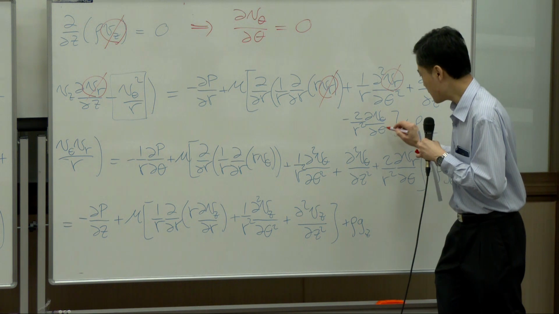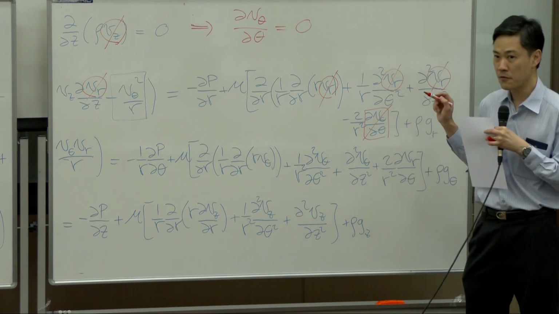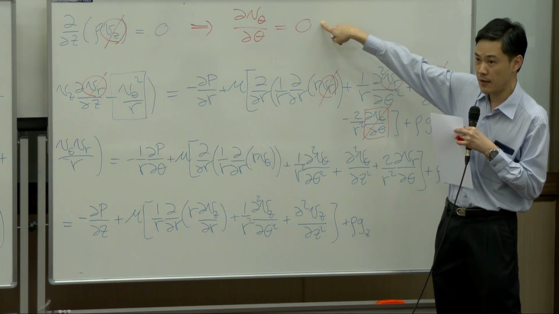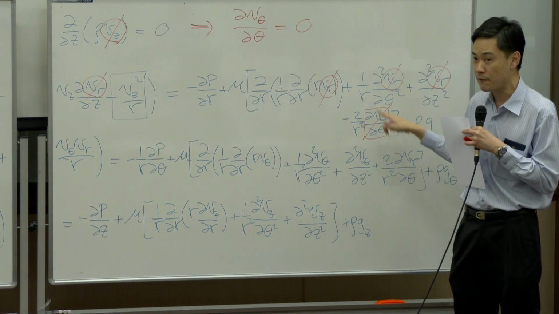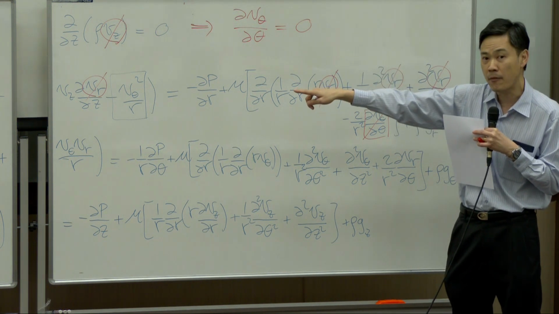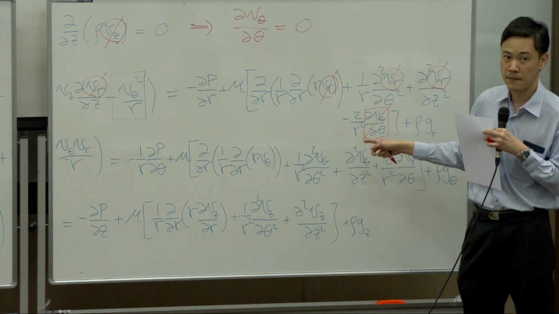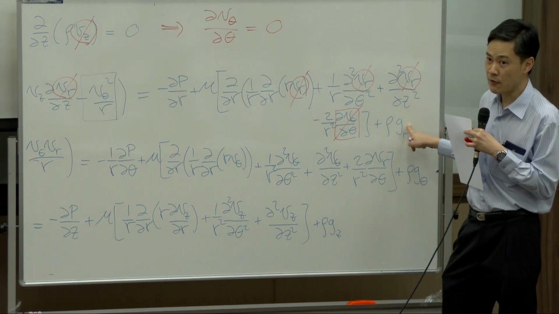The whole term, dV theta by d theta here, it is 0 according to what we found earlier from the equation of continuity. Or you can say that V theta is not a function of theta from analysis of the problem, and you end up eliminating the whole term. All right? Is there any gravity in R direction?